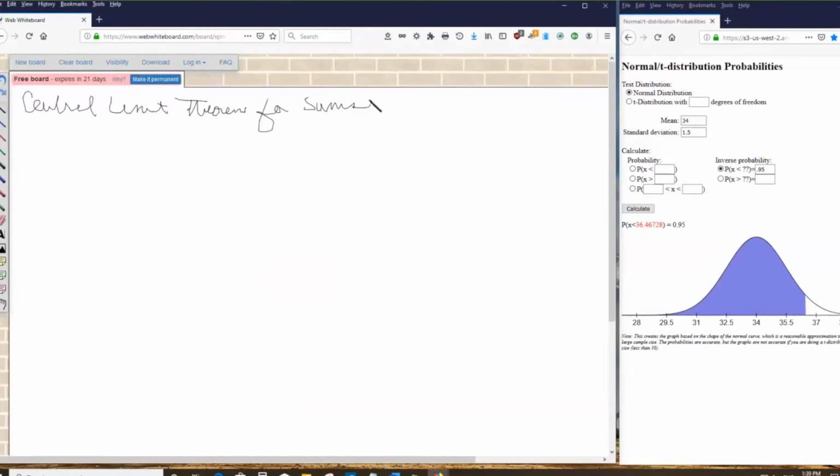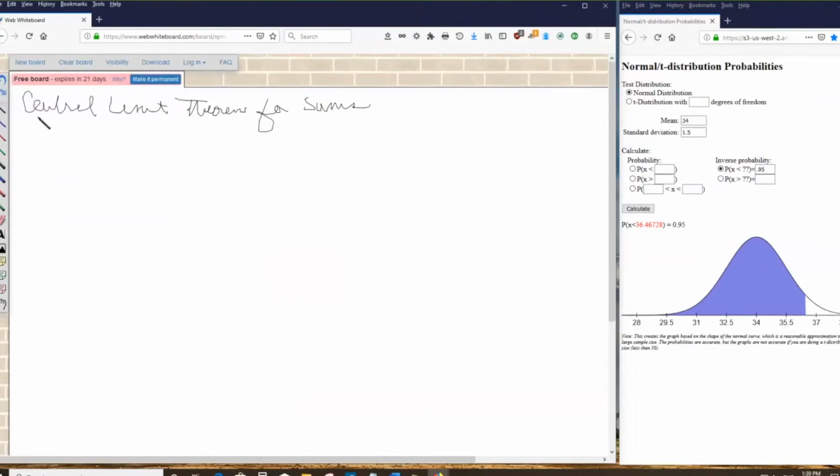It's going to form its own normal distribution. The only thing that's going to be different is the mean and the standard deviation, but it's still going to have that normal distribution curve, which is called the sampling distribution.